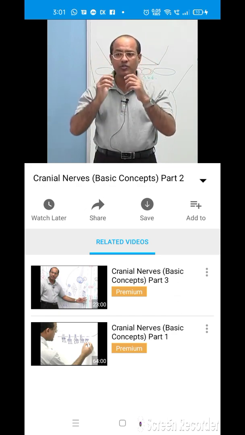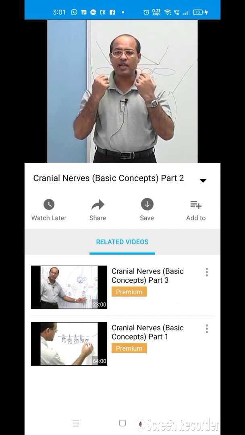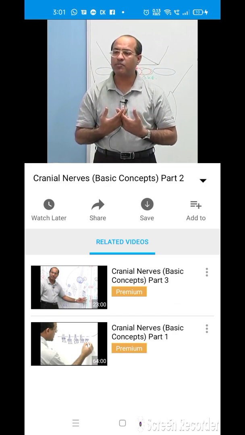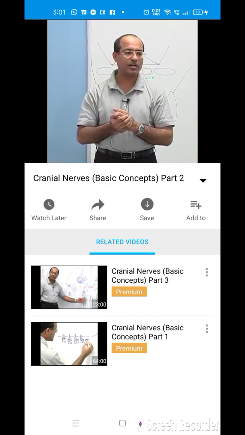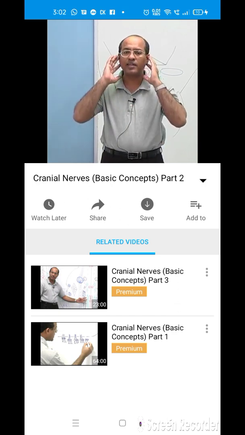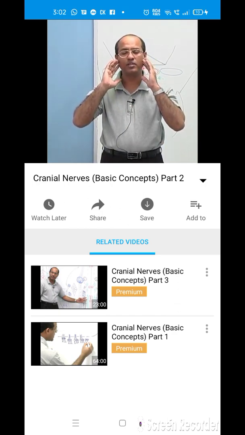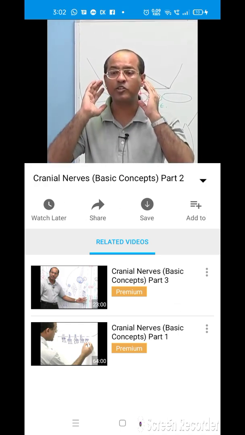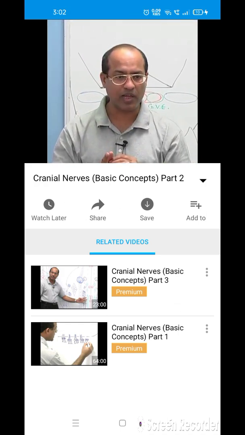We have to have general visceral efferent. But in addition to that, there are some motor structures which are developing from the branchial arches. And for those structures, we have to develop another column of gray matter, which is going to supply the branchiomotor fibers.